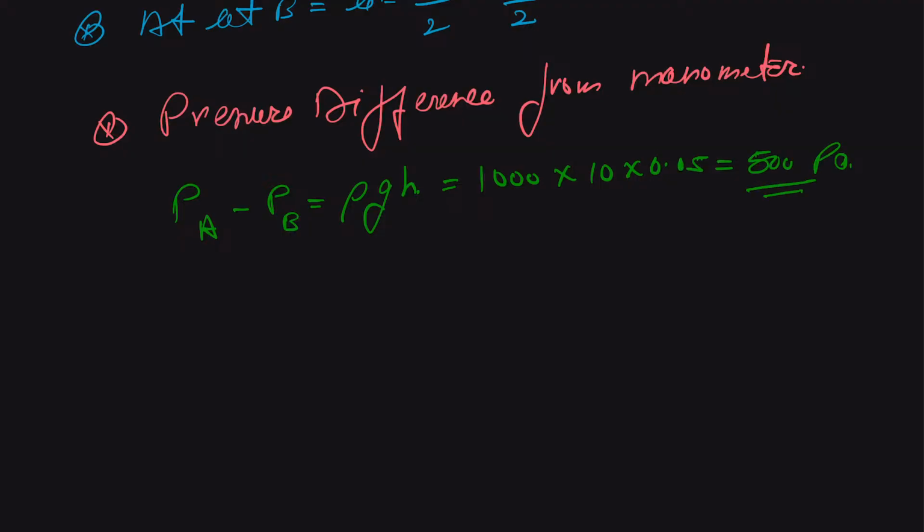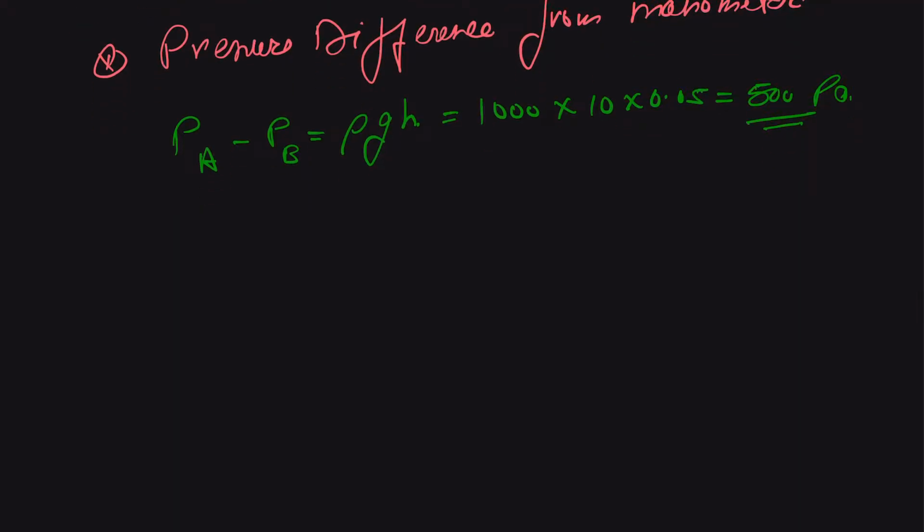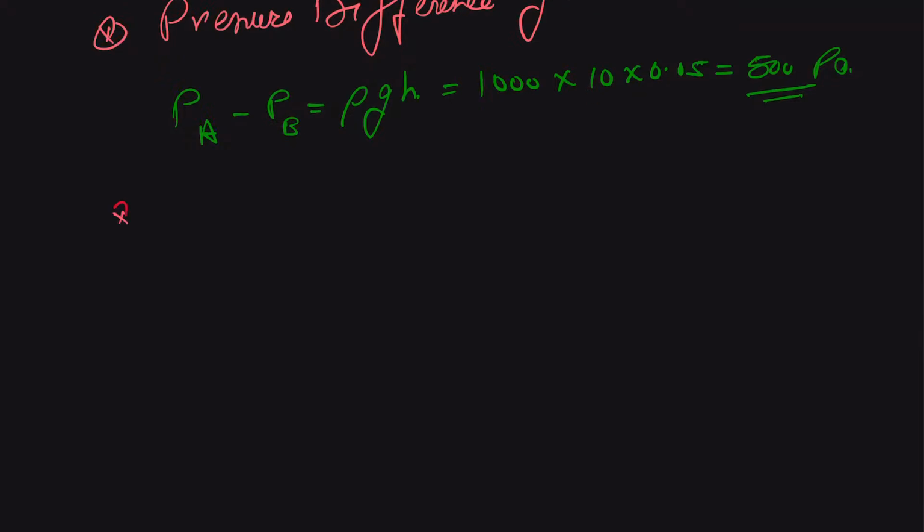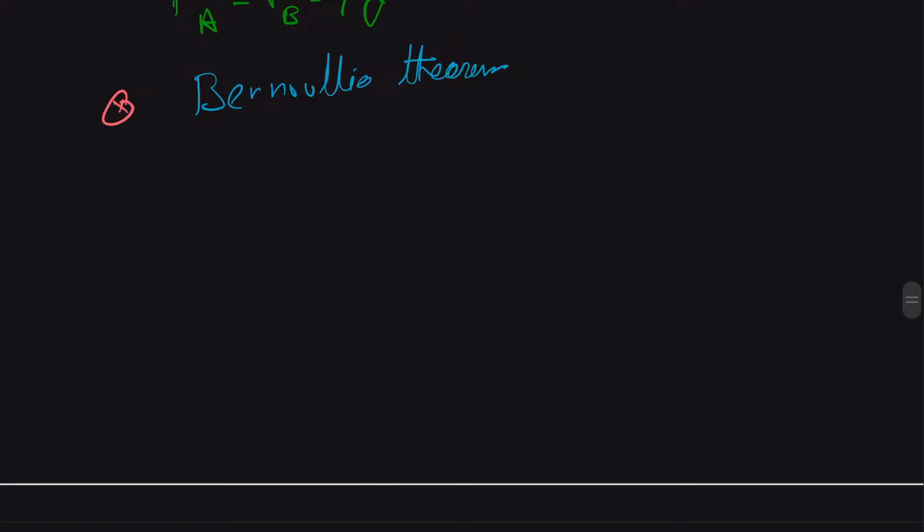So this comes as about 500 pascals. Now we can apply Bernoulli's theorem. Sometimes if you know the formula directly, you can use it, but if not, we can just solve it like this. Pressure at A divided by rho plus VA square upon 2 is equal to pressure at B divided by rho plus velocity at B square divided by 2.